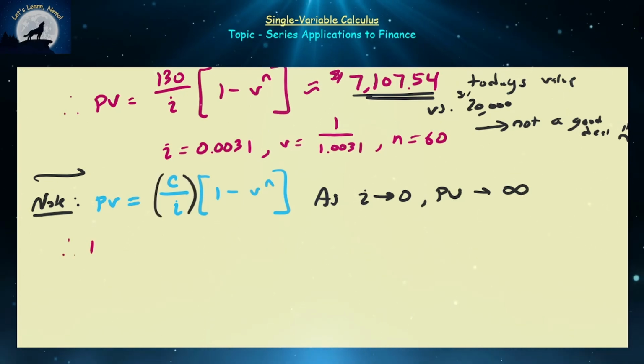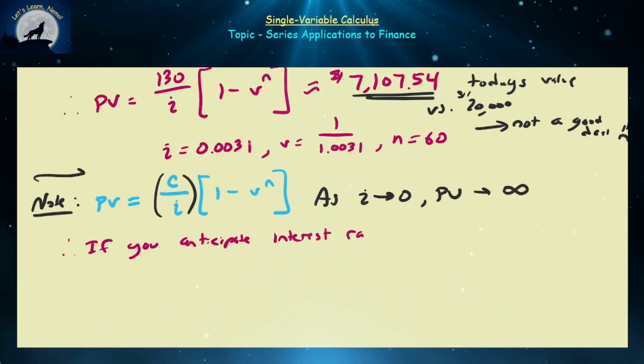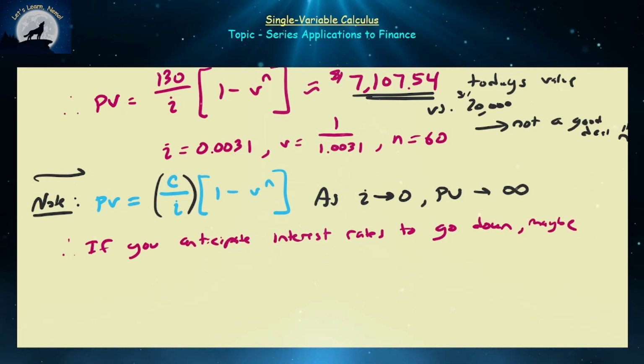So that means if you anticipate interest rates to go down over the next 5 years significantly, maybe this is a good deal? Question mark.